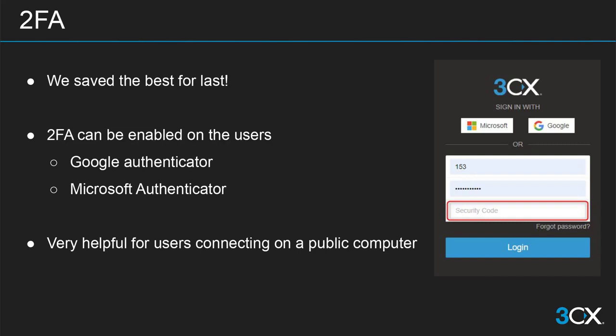This is fantastic if a user needs to connect from outside the office and they don't want to connect using their Microsoft or Google account, because then that would start synchronizing calendars, emails, bookmarks, and so on. So what they can do is they can use their extension's credentials, they can enter their one-time password, do whatever they need to do, and then log out, and the session is over.